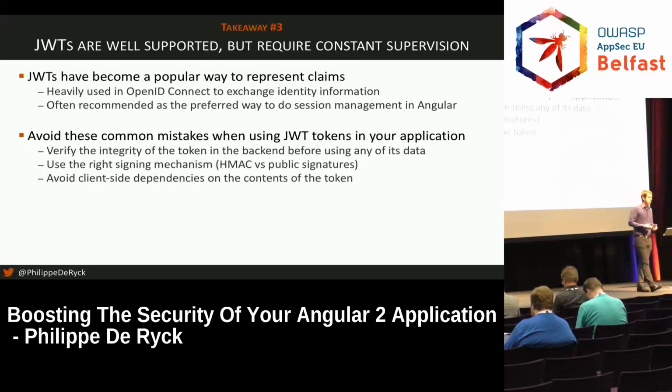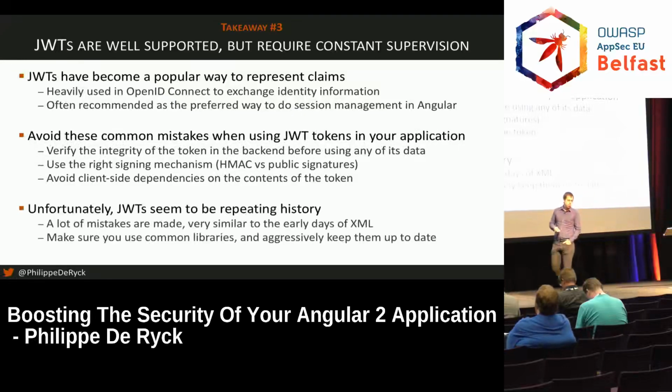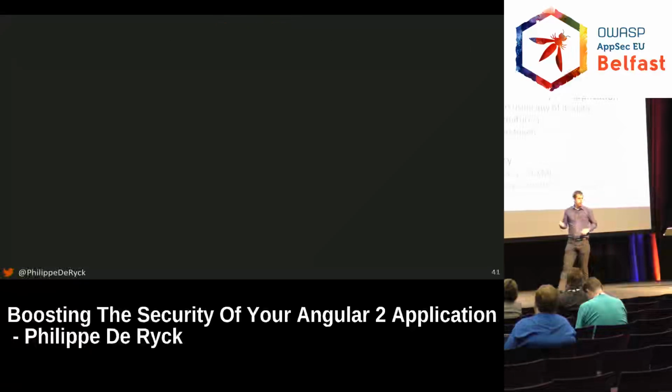Otherwise, you're probably going to get it wrong, and you're going to be very vulnerable to fake, forged tokens. And of course, keep everything up to date to avoid being vulnerable to these kinds of mistakes. There are a lot of libraries supporting JOTs. They're normally updated very frequently, so definitely keep an eye on that and stay on track there.